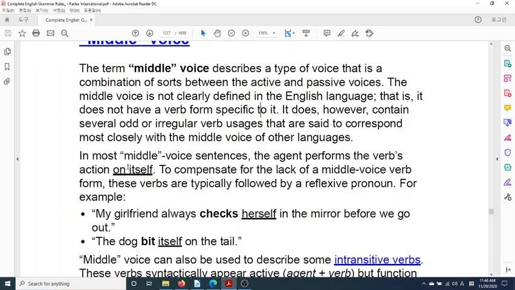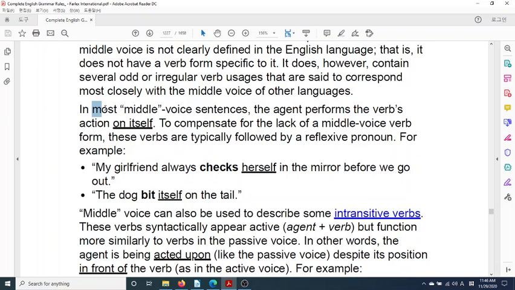All right. So, in most middle voice sentences, the agent performs the verb's action on itself. So, the agent, the subject, the object are all the same. To compensate for the lack of a middle voice verb form, these verbs are typically followed by a reflexive pronoun.